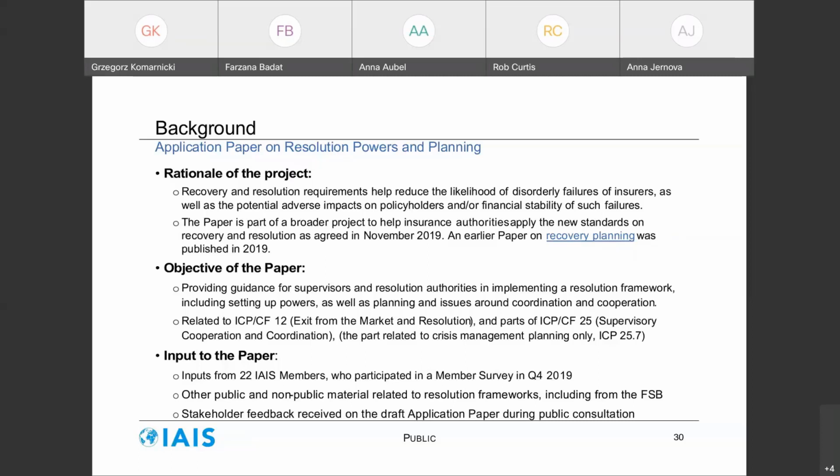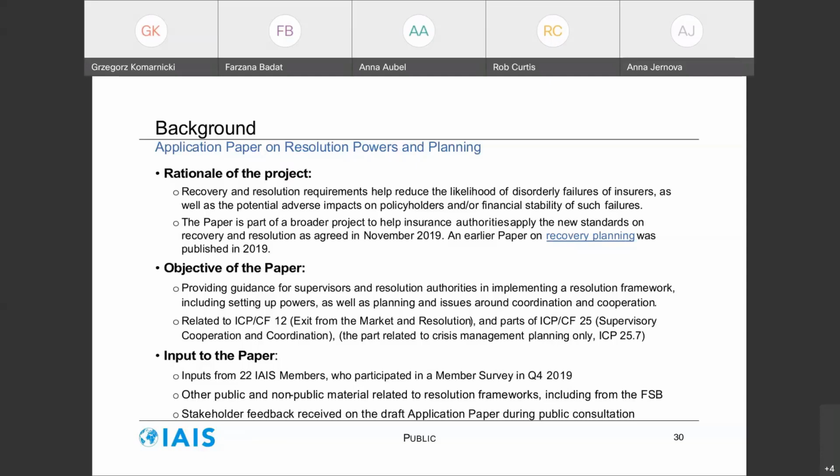We chose to address recovery planning first in 2019 because that was a brand new topic added in ICP 16, and then the related ComFrame material. And then we next took on the resolution powers and planning part of the equation, to give guidance to supervisors and resolution authorities on how to implement a resolution framework, as well as planning issues that impact the companies that may be involved.